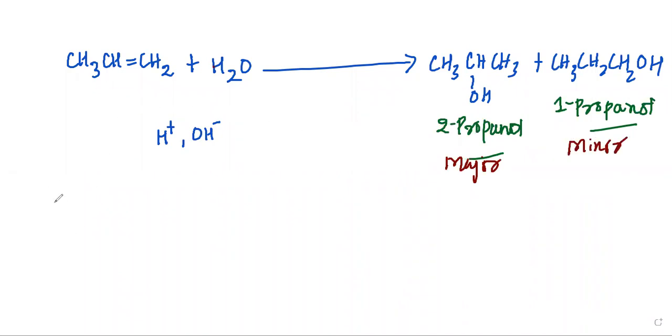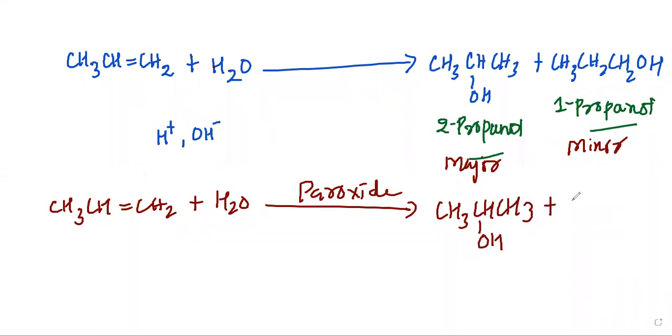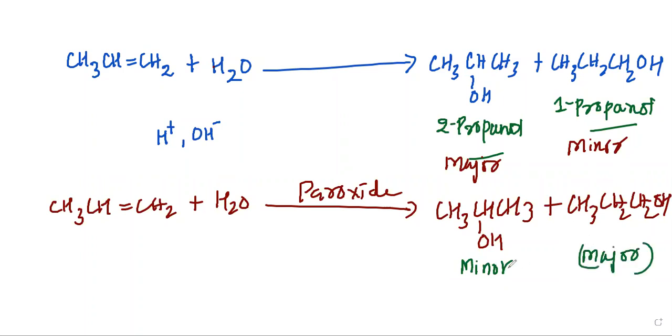But if the same reaction is done in the presence of peroxide, and if the peroxide remains present, then, my dear students, we will get the same two types of products. This will be the minor product, and this is going to be the major product.